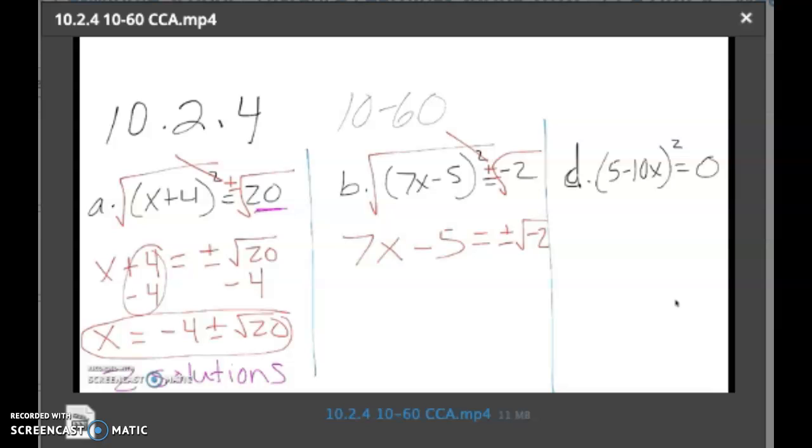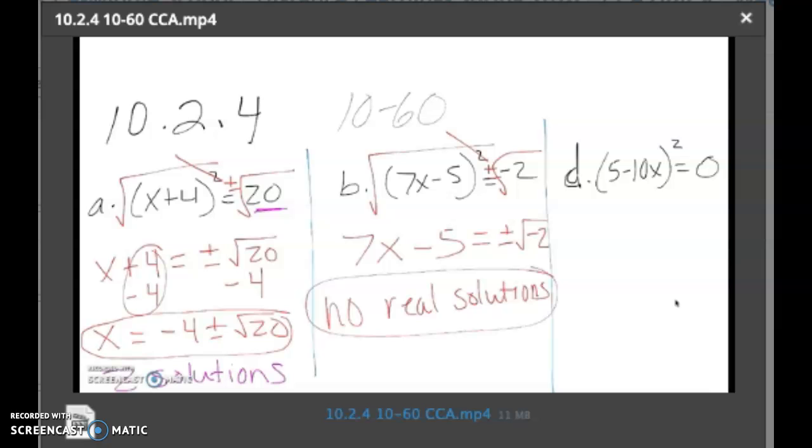So that means that my parabola is either going to be sitting above my x-axis and it opens up, or it's below my x-axis and it's opening down. So for this answer, we have no real solutions. And that is because we cannot take the square root of a negative number. All right.